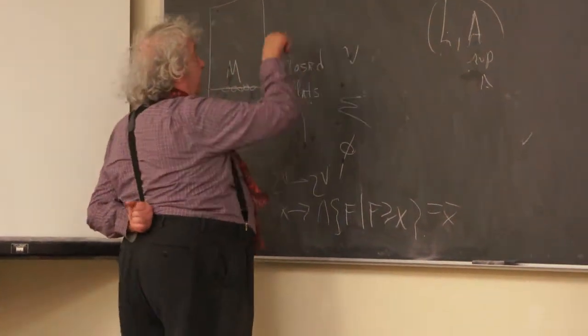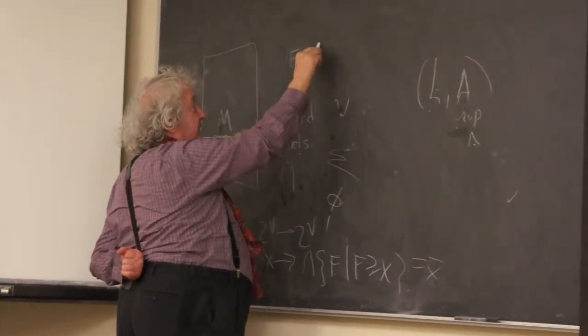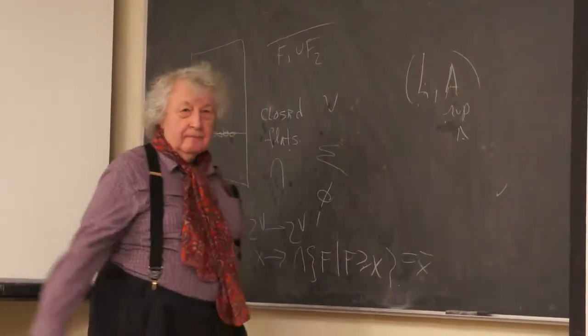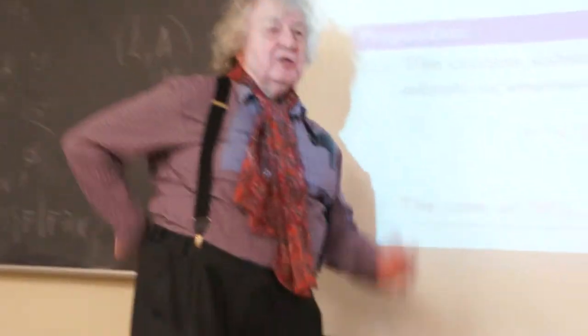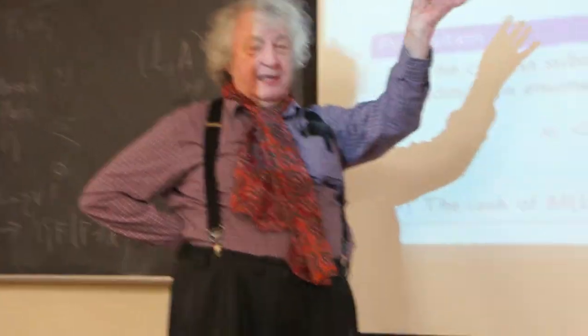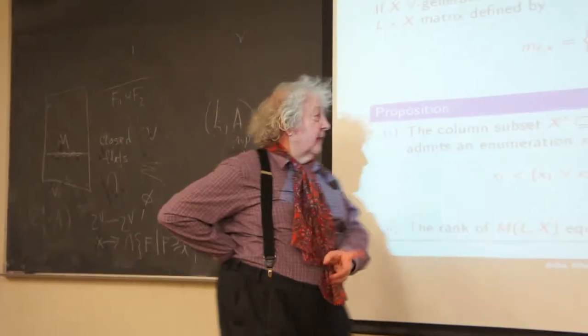And now the join is not what you think. F1 union F2 is not the join, you have to close it. So this is classical. If I give you a bunch of sets closed under intersection, where the whole set is in there, then you get a closure operator. I told you how.